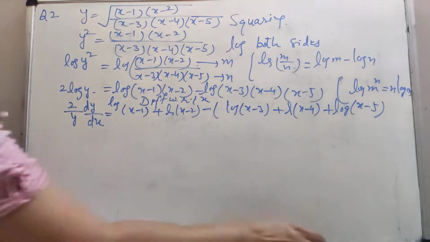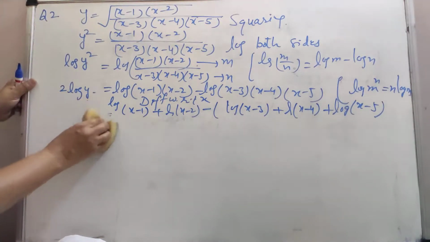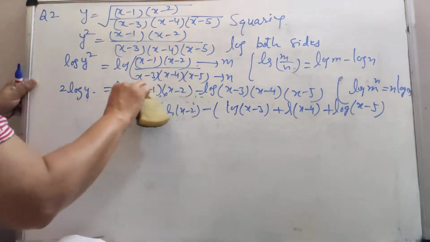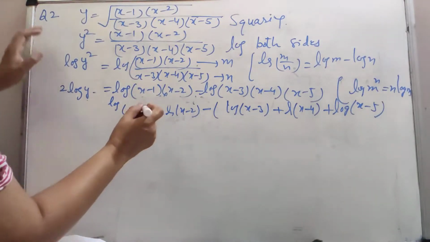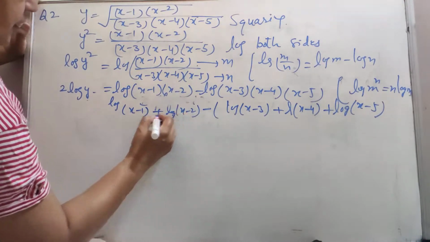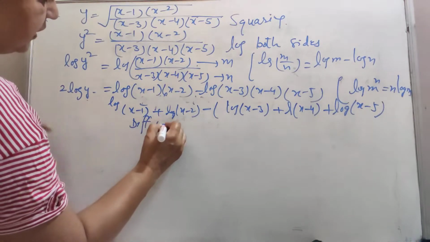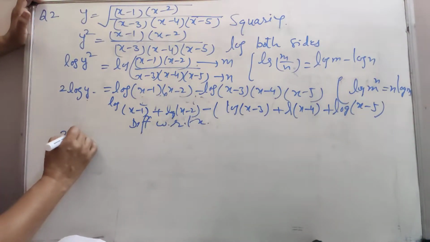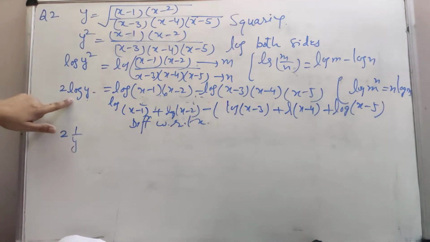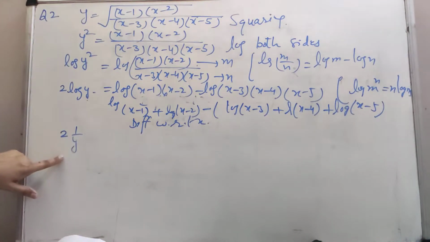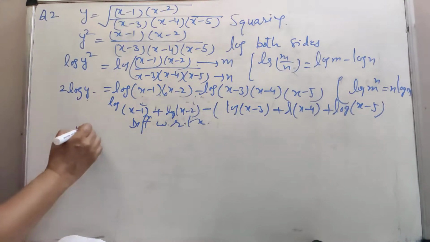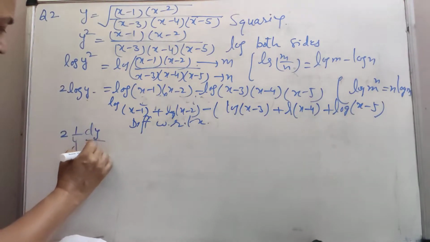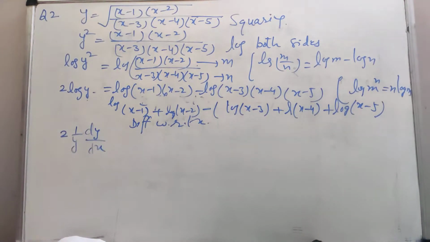Now differentiate with respect to x. So this is 2, 1 over y, the derivative of log y is 1 upon y, constant term as it is, into, don't forget, dy upon dx.